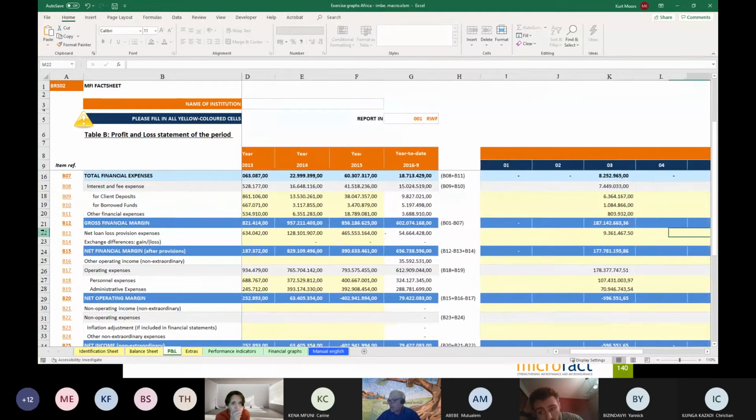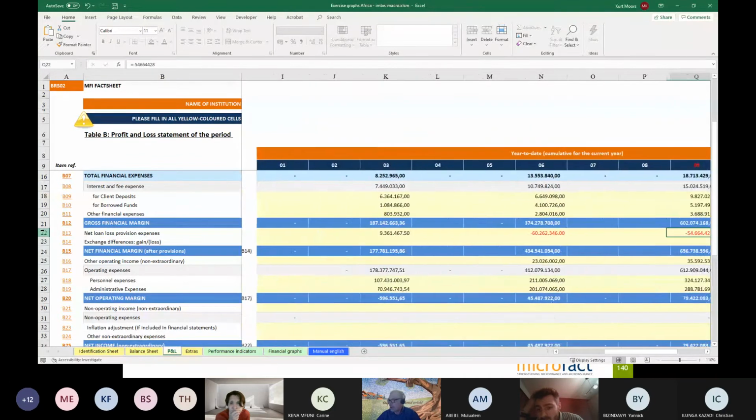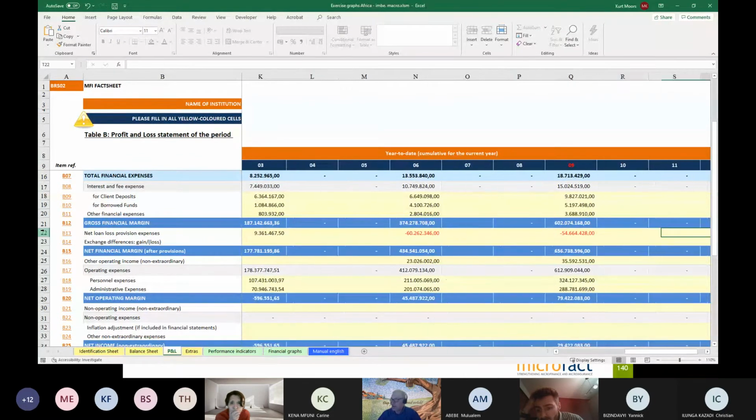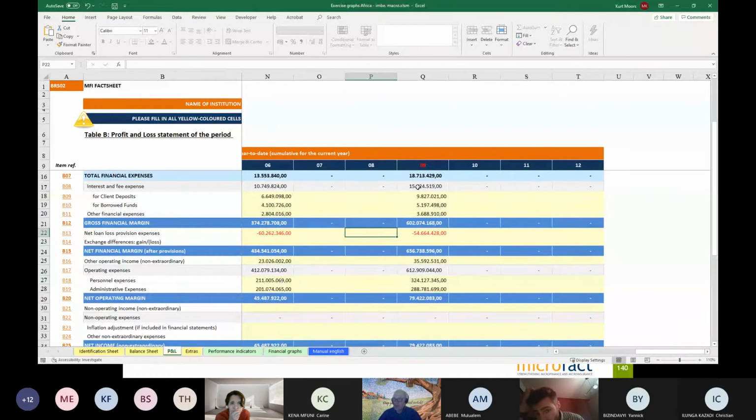In the month of September, they have an accumulated negative provision expenses. So this means that they haven't added, they have taken out. It's a very weird way of working, but we know it's not enough in our barrel.